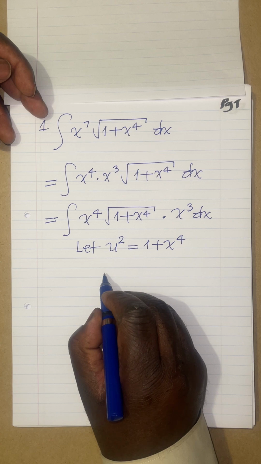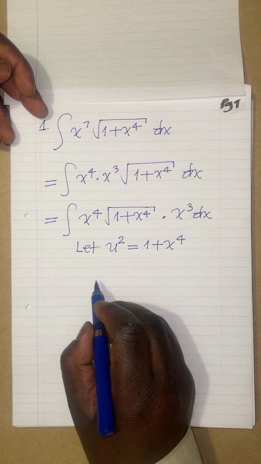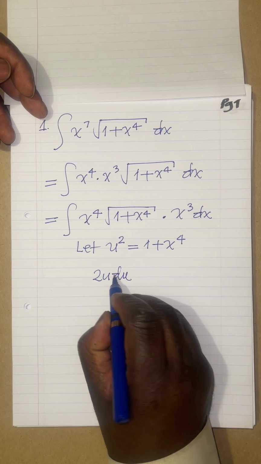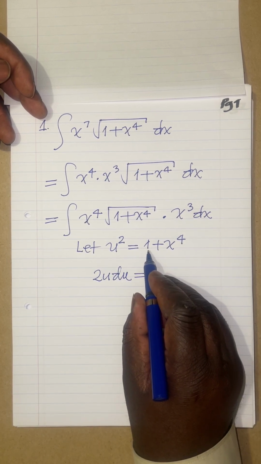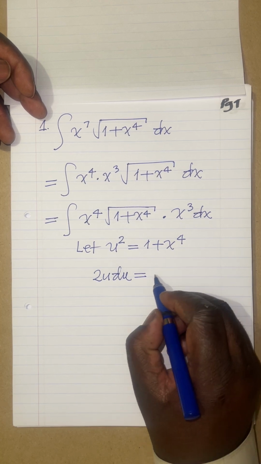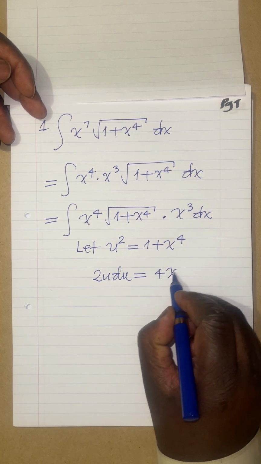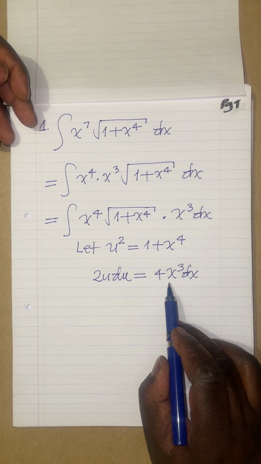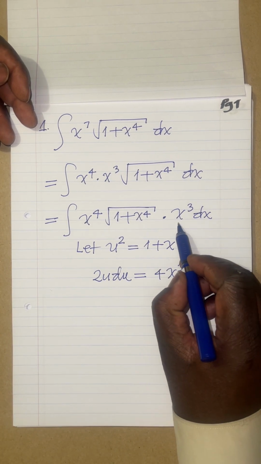So if I differentiate on the left, the answer is going to be 2u du. Remember, on the right, the derivative of 1 is 0, 1 is a constant. The derivative of x^4 with respect to x has to be 4x^3 dx. Now notice something here, x^3 dx, that's what I have there.